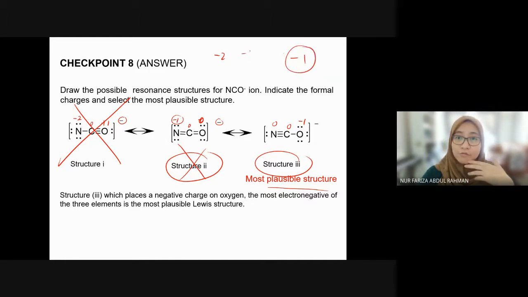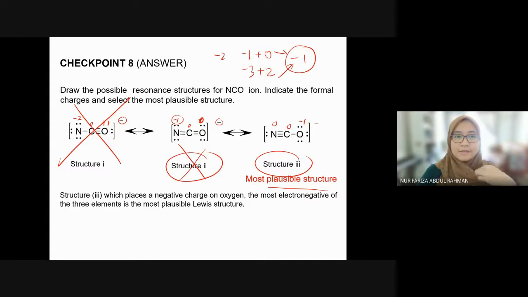Negatif 1 plus 0, negatif 3 plus 2, kan? Macam-macam cara, you still get negative 1. But our concern is how do we get negative 1? Is either oksigen yang bear negative 1 ataupun nitrogen yang bear negative 1. So that is the detail part that we should know lah.